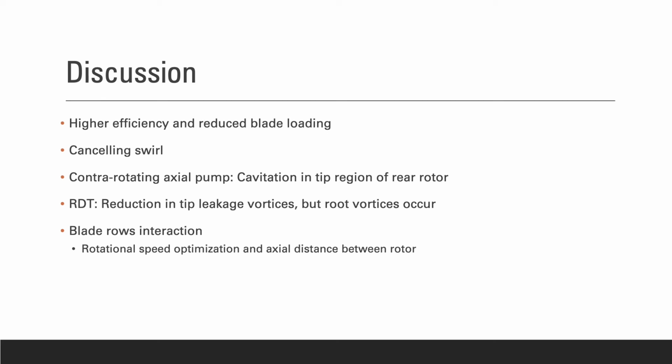But there is reason to believe that introducing the rim-driven concept to the contra-rotating concept can remove this problem, as the studies on RDTs showed a reduction in tip leakage vortices. However, this causes another problem, that is root vortices occurring, which would also be necessary to look into.